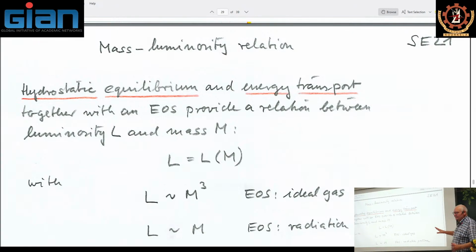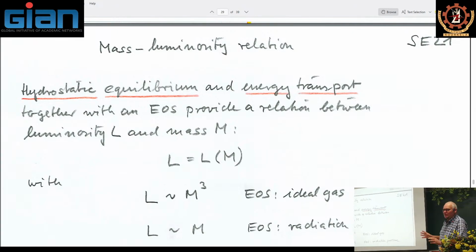These considerations are based on very crude estimates. We have replaced differentials, dL by dm, simply by L over m. This is a very, very crude way to describe the properties of the system.